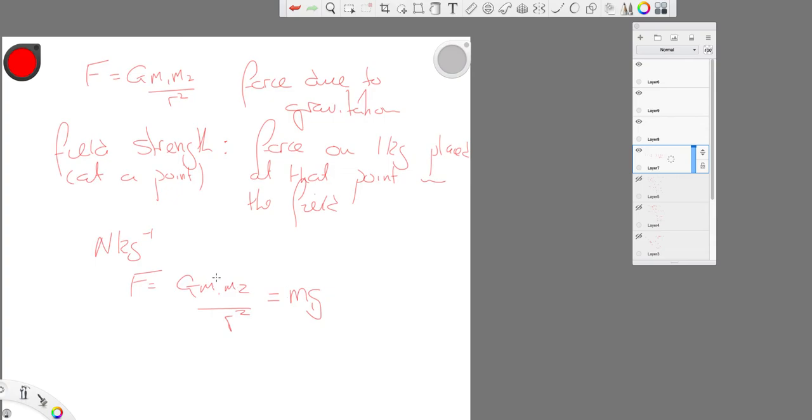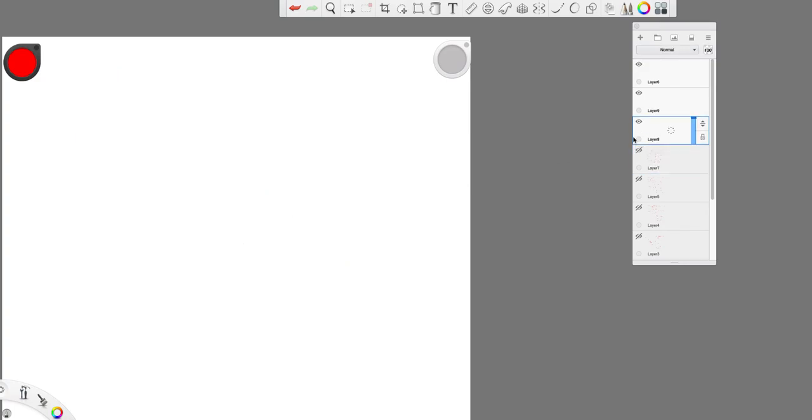So if we cancel that, and now we come to field strength, so this is F over m1, we've got newtons per kilogram over here, and this is g, this is meters per second squared. Are they the same? Well, let's just examine that and see what we think.